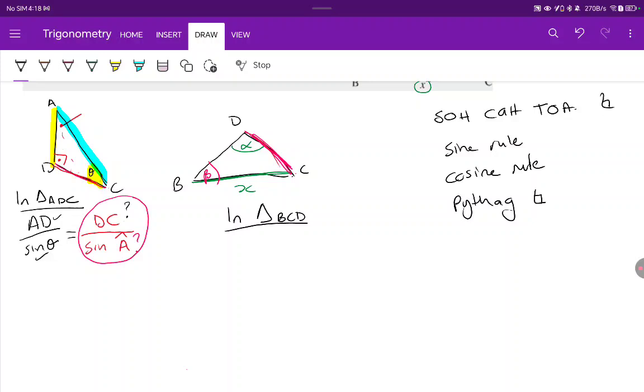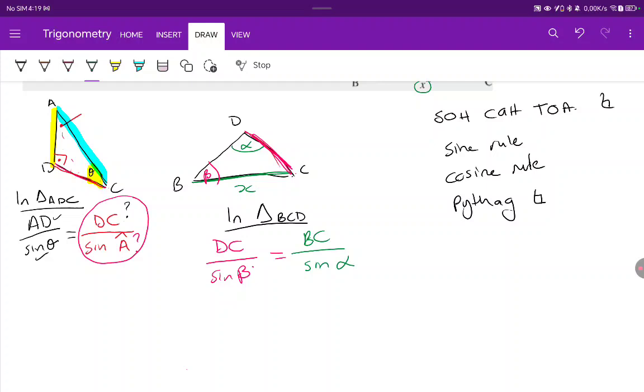Okay, so if in this triangle I use the sine rule, I can say that DC is what I want, right? DC divided by sine of beta is equal to BC divided by sine of alpha. Okay, on this, what do I need?